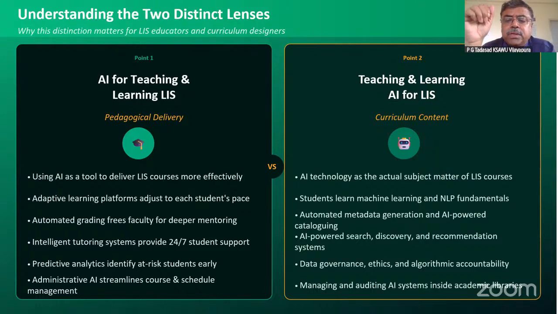When I'm talking about the AI powered search and discovery tools, when I was in the National Centre for Science Information as a trainee at the Indian Institute of Science in 92, 93, the late Dr. T.B. Rajashekar had just returned from the United States of America.